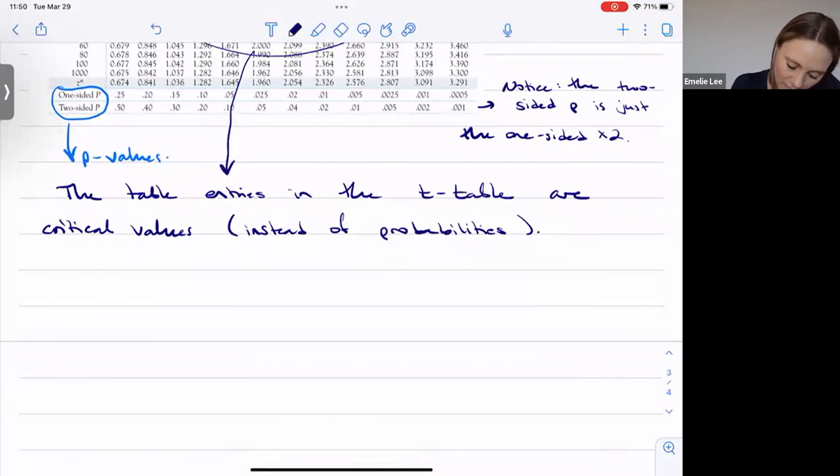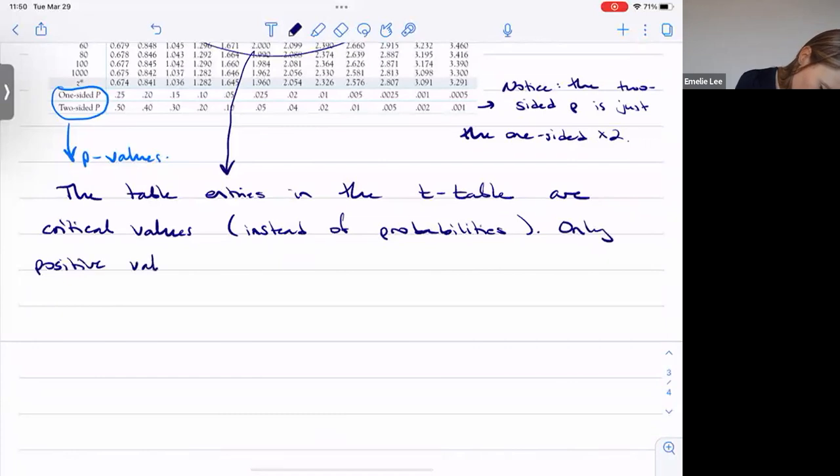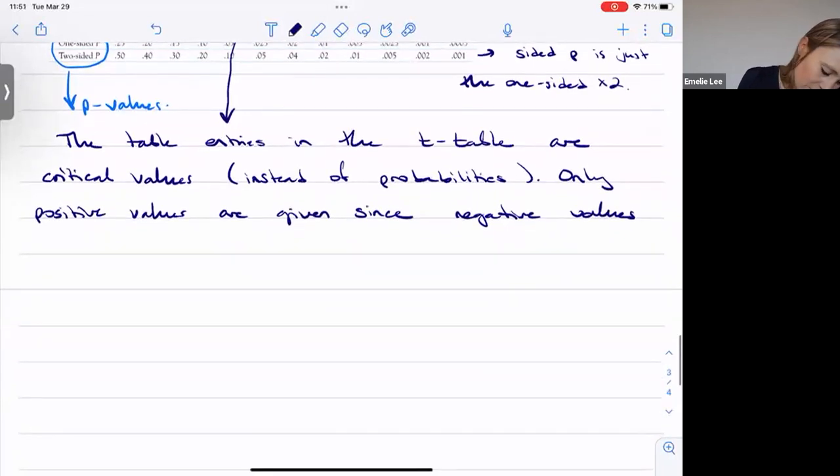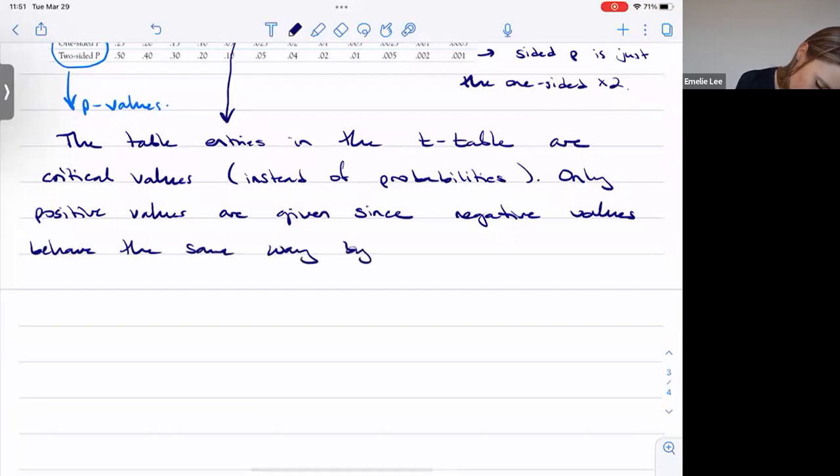So the table entries in the t-table are critical values. Only positive values are given since negative values behave the same way by symmetry.